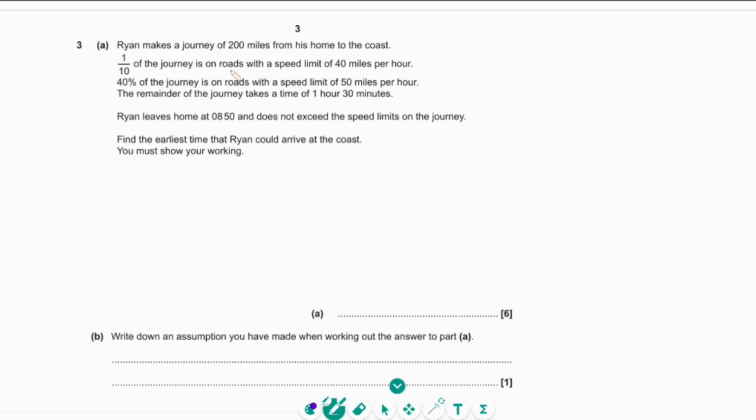1/10 of the journey is at 40 miles per hour. What's 1/10 of 200? Well, that's exactly the same as saying 200 divided by 10, which is 20. So 20 miles. He's going at 40 miles per hour. We want to work out the time taken, don't we? So speed, distance, time.